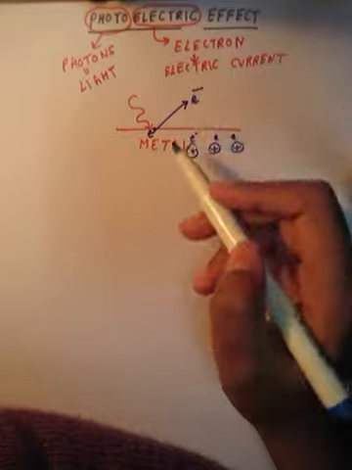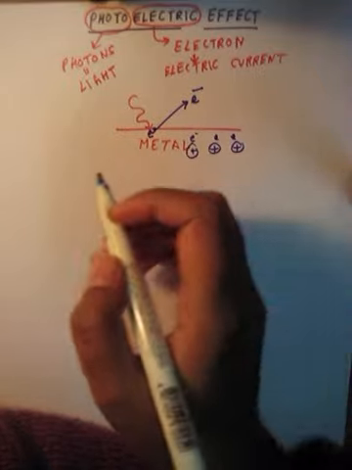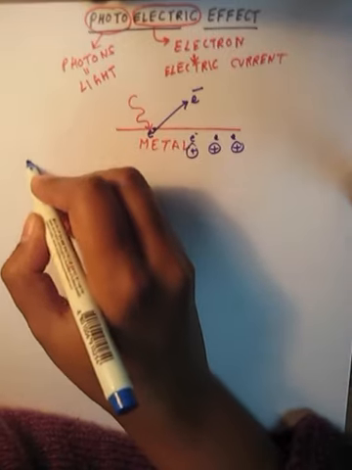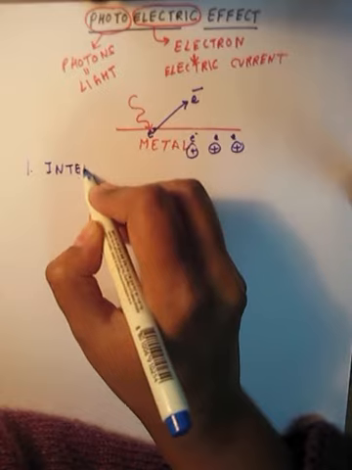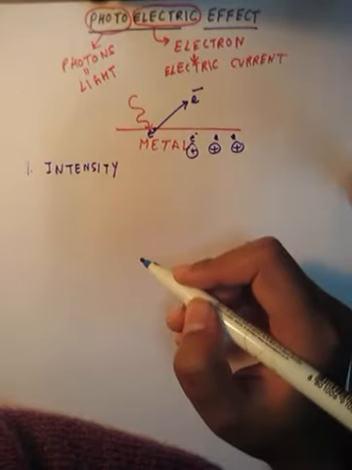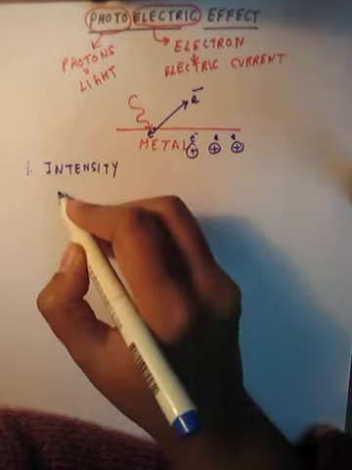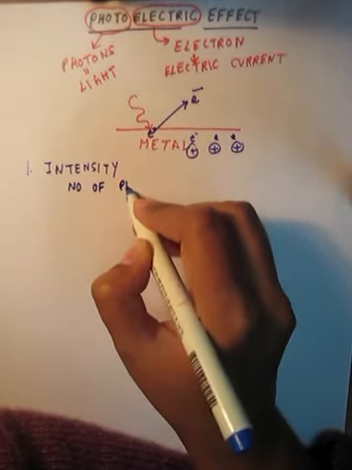Now this effect depends on many parameters. So let's discuss them one by one. Let's say that first of all we talk about intensity. What is the meaning of intensity of photons? Intensity means that we are increasing the number of photons.